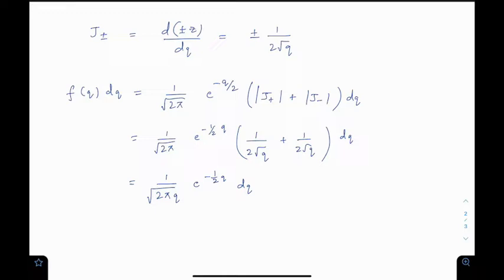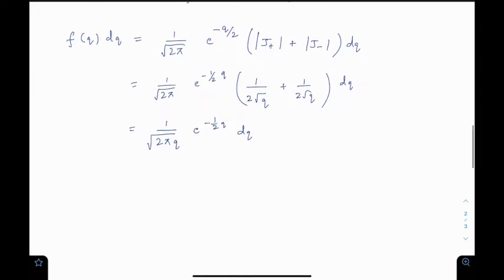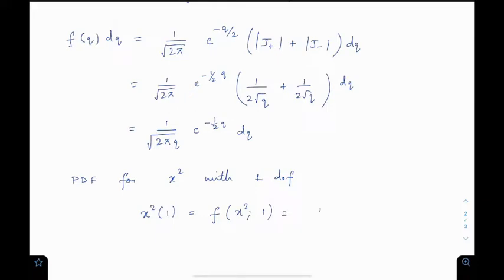Q was nothing but the chi-square variable. So the PDF for chi-square with 1 degree of freedom, so chi-square 1, f in terms of chi-square 1, is 1 by 2 pi chi-square e to the power minus half chi-square.